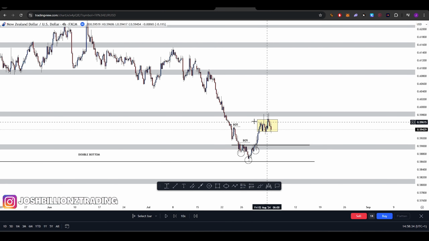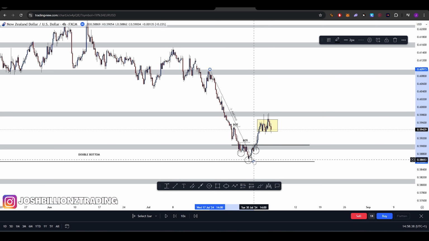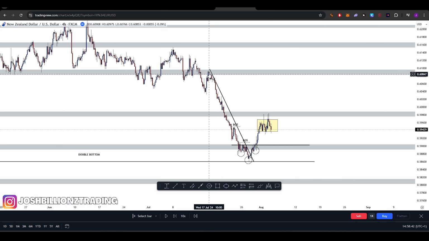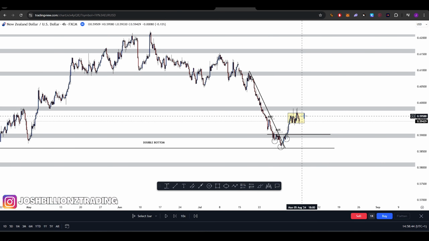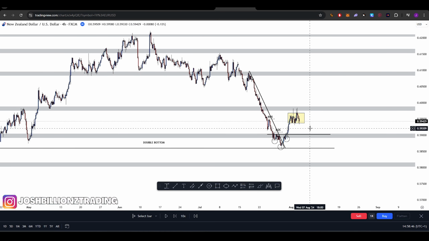So in my mind, I was bullish. You could also add a trend line as well. Price broke that trend line.